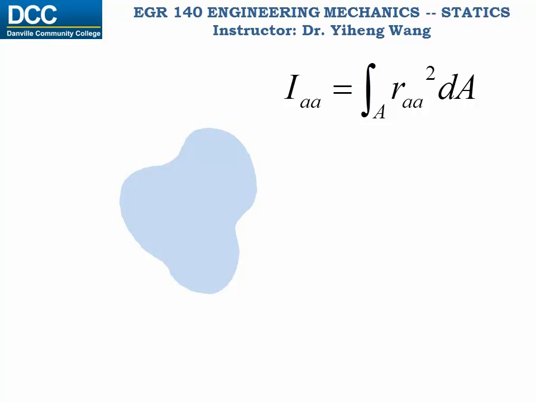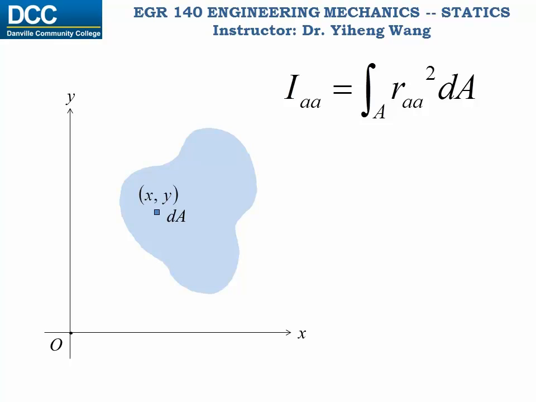Normally, we would put this area into an XY rectangular coordinate system, and we are interested to find out its moment of inertia about the x-axis and the y-axis. So we pick a differential element with area dA at the location (x, y), and because its perpendicular distance to the x-axis is y, its moment of inertia about the x-axis is the integration of y squared times dA.